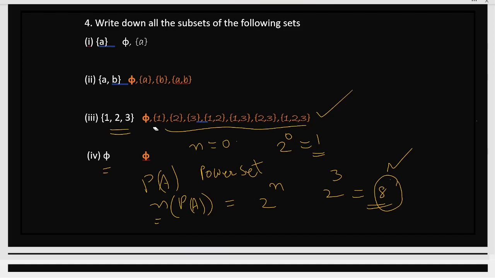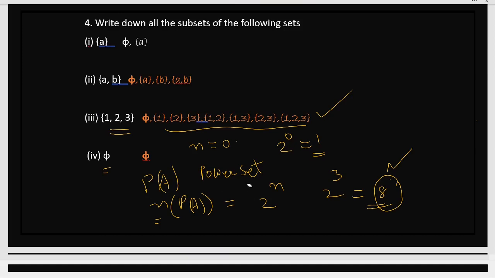How many subsets are there? Total 8. You remember I gave a formula for this. The set of all the possible subsets of a set is called the power set. You can refer to that in the previous videos.